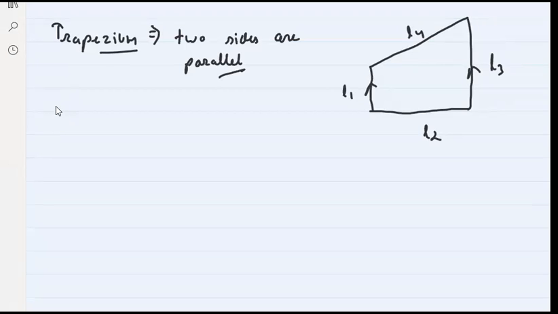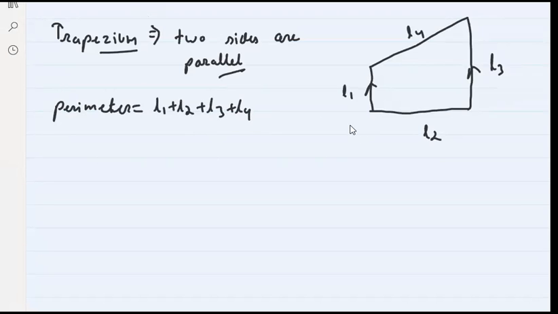So what is perimeter? Yes, very good, Madhur. Sum of all sides, which is L1 plus L2 plus L3 plus L4.